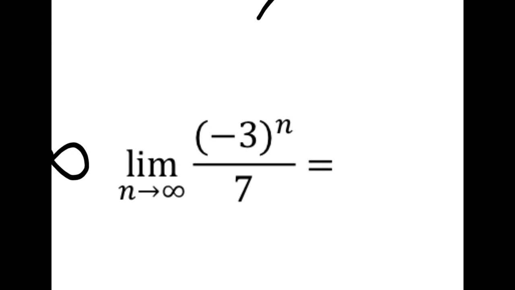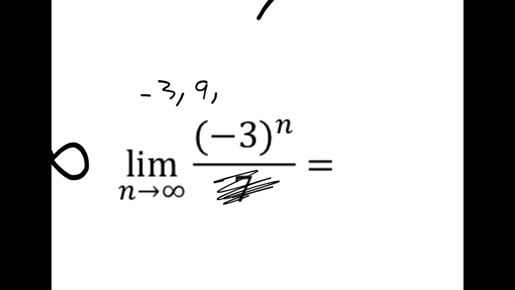And what about this one right here? This one's kind of goofy. Negative number raised to a power. So think about what would be happening with these terms. Let's even just ignore that denominator for now. Imagine just negative 3. Imagine if n was 1. Well, if n was 1, then negative 3 to the first would be negative 3. But then if n was 2, negative 3 to the second would be positive 9. So we'd be going from negative 3 to positive 9.